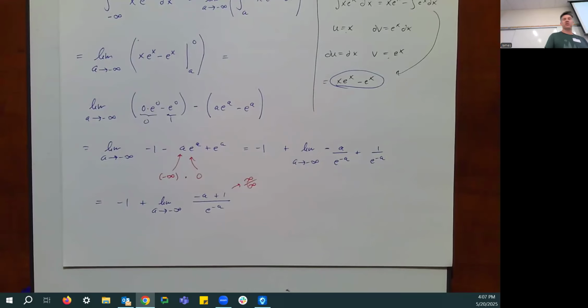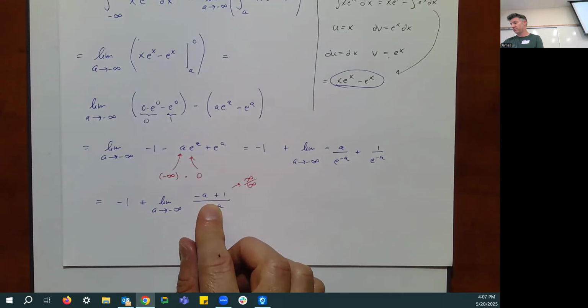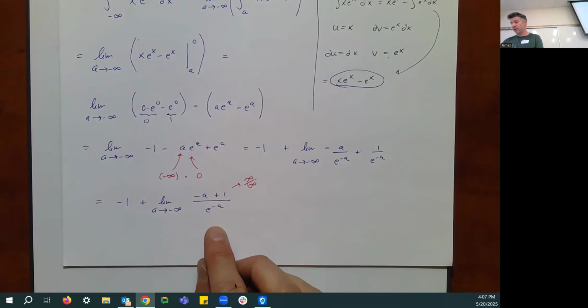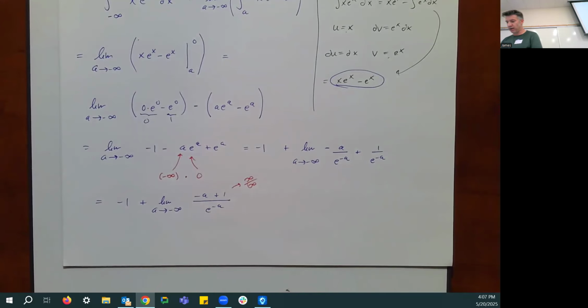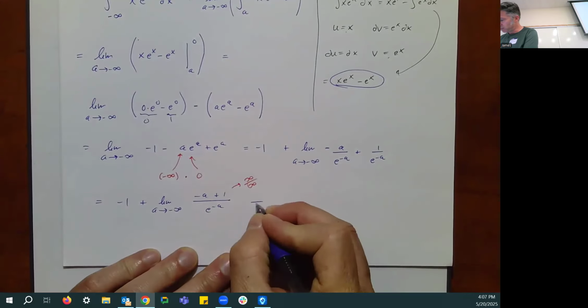So you can convince yourself that the limit of this is going to be 0. I mean, plug in -10 for a. The numerator is 11. The denominator is e to the 10th power, which is, I don't know, millions, trillions probably. Anyway, we can also use L'Hopital's rule.